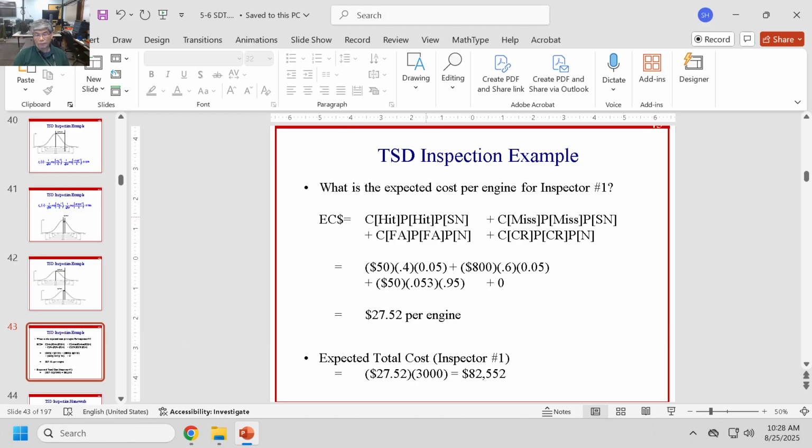Here we have a cost of hit, $50, a cost of miss, and a cost of false alarm, which means I reject a good product. Of course, I don't have a cost for correct rejection, but you can put a value there. Everyone's expected value depends on this.